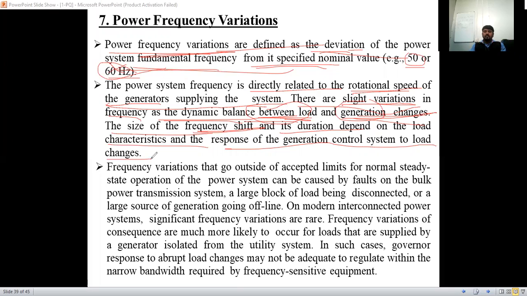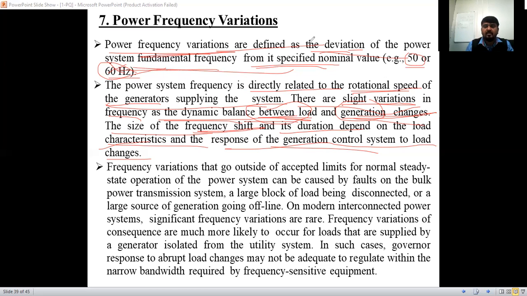So whatever the frequency value, how long it varies depends on the characteristics of the load, and how the generation control systems operate and respond to that. That we are going to consider here.